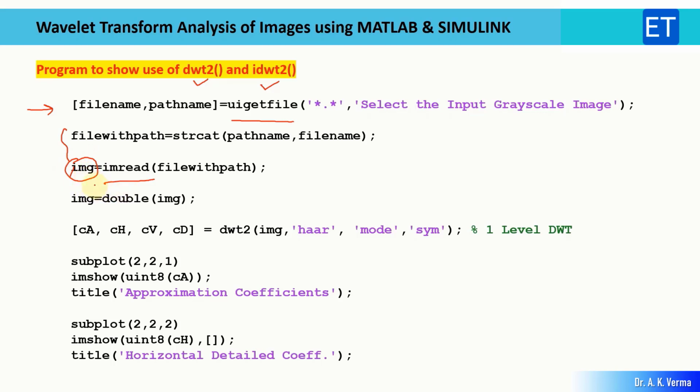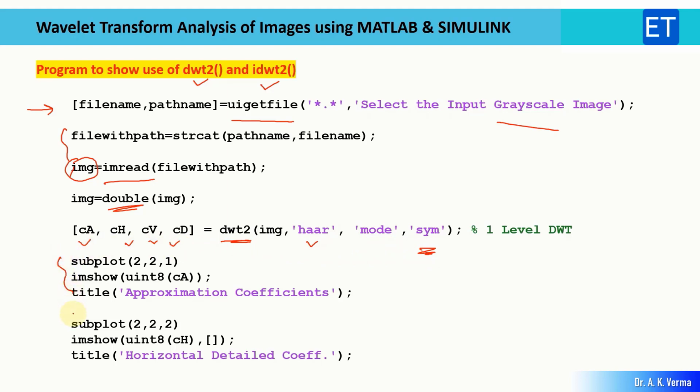Now, since it's a grayscale image, it is of type unsigned integer 8. So now converting this into double before taking the wavelet transform. And then once DWT2 is executed, we get the 4 matrices CA, CH, CV, and CD. Here we are using the Haar wavelet, and the image extension mode is symmetric.